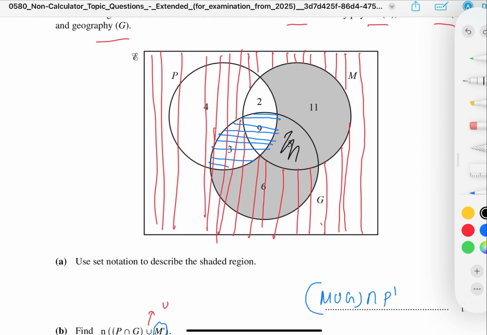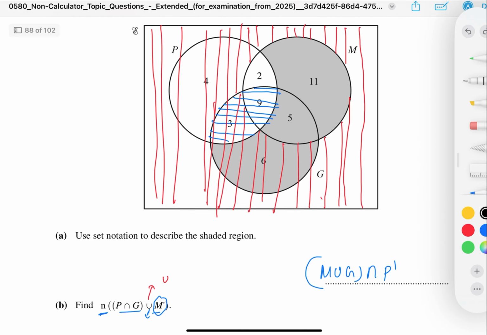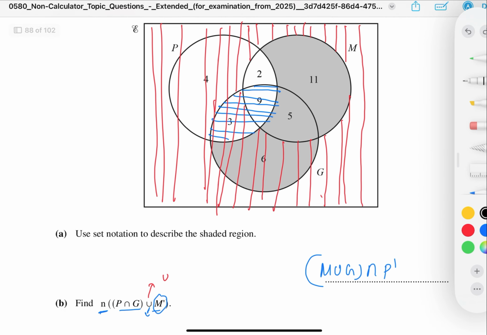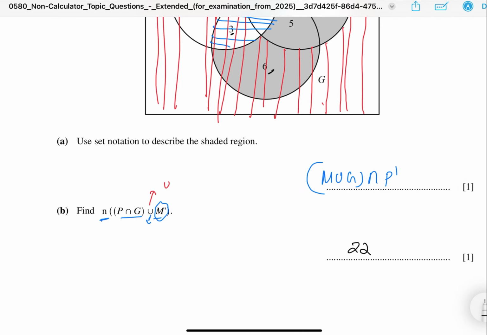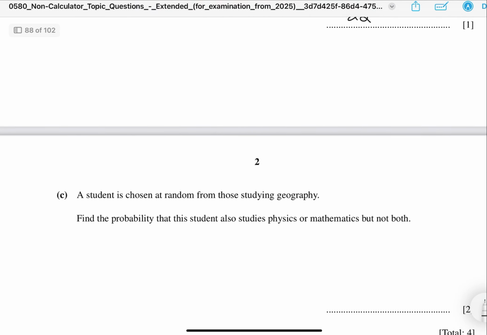So the number would be, count the number in the shaded region. 3 plus 9 is 12. 12 plus 4 is 16. 16 plus 6 is 22. So the answer would be 22. Okay. Show me a double thumbs up till here.